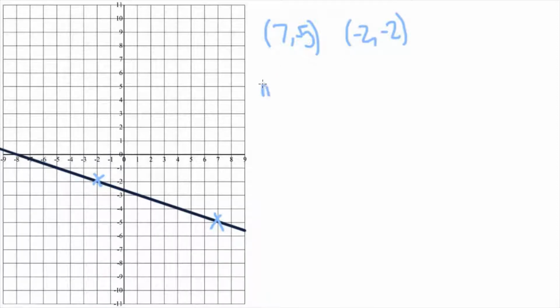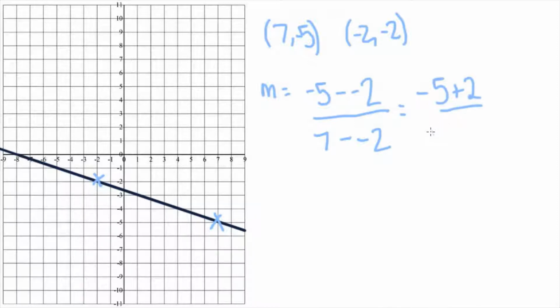Now using the formula for the gradient, we get m is equal to, let's take this to be our first coordinate, (-5 minus 2), divided by this one here, (7 minus -2). Now the minuses turn into pluses, so we get minus 5 plus 2 over 7 plus 2, which is equal to minus 3 divided by 9, which is equal to minus 1/3.